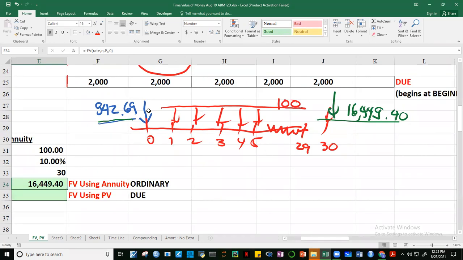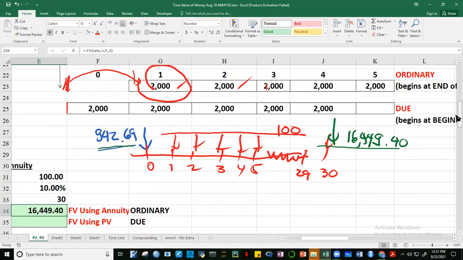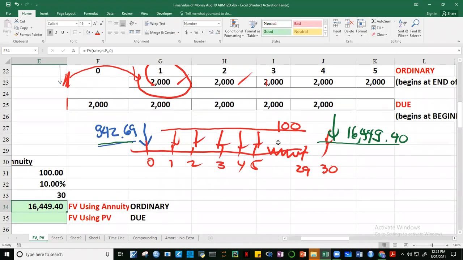Ang ibig sabihin yan, yung 100 pesos na annuity for the next 30 years, okay, 100 for the next 30 years, is equivalent to 942.69. Okay, 100 for 30 years, starting with the next year, starting with the first year, okay, kasi annuity ordinary, it's equivalent to 942.69.